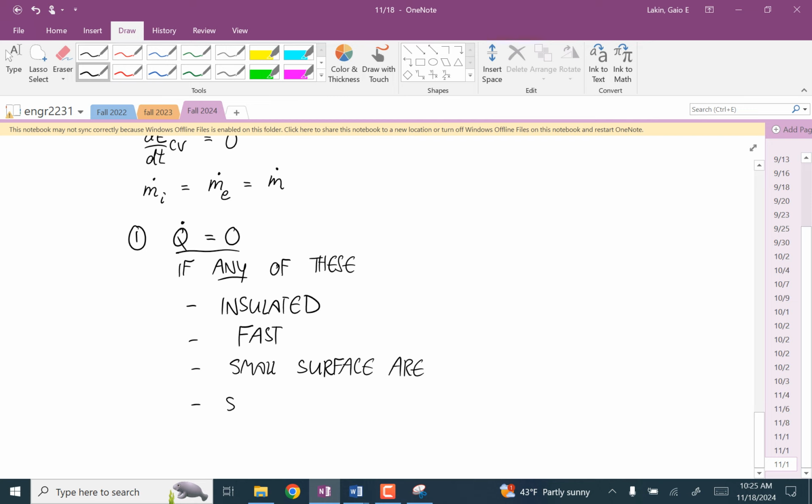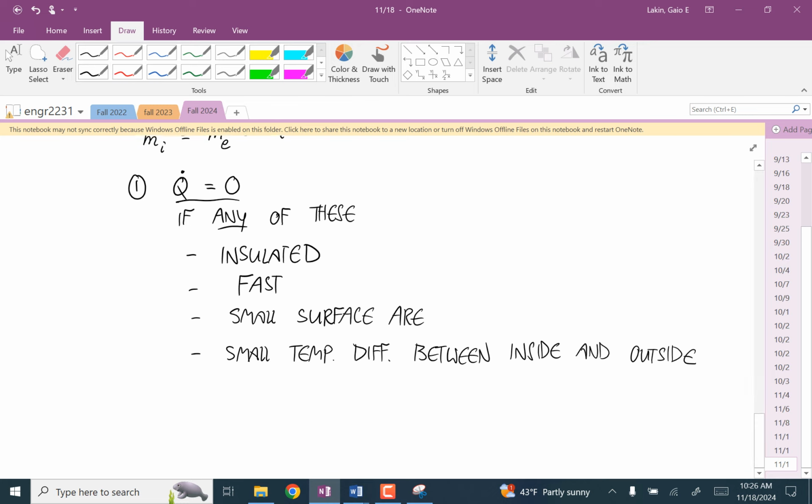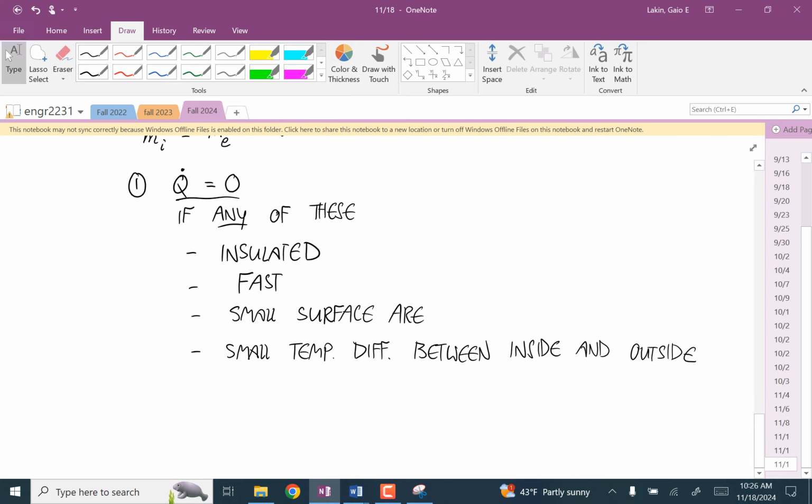And fourth, if there's a small temperature difference between the inside and the outside. And so you can remember that this one is if any of those hold, or you can kind of reason out how that works.